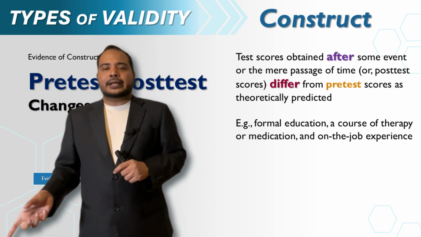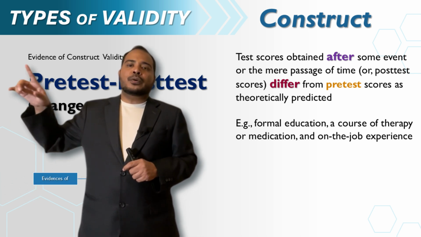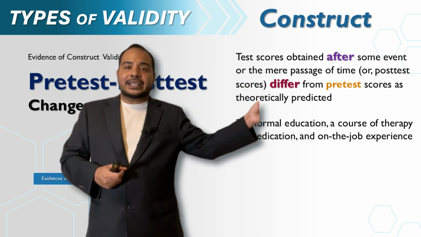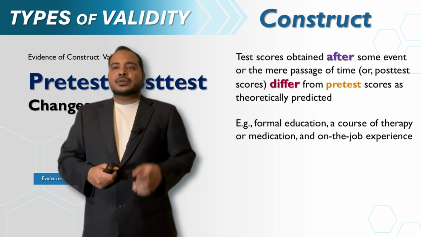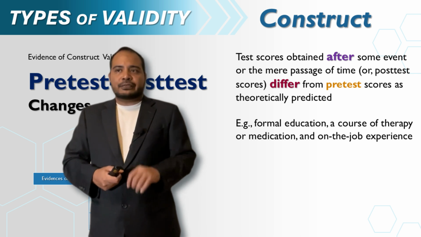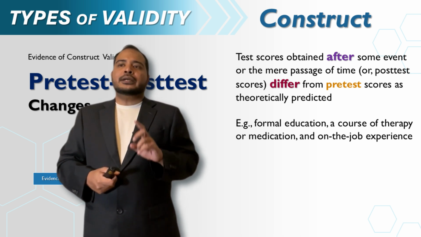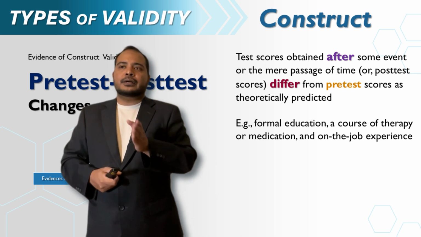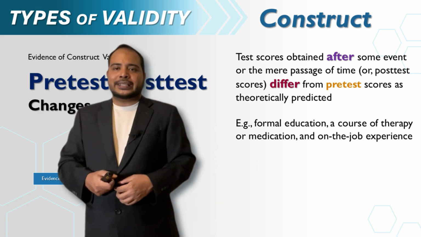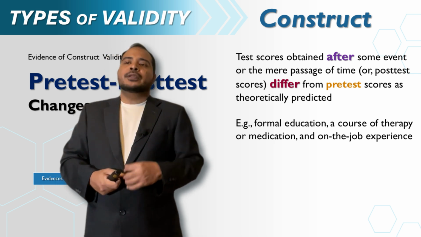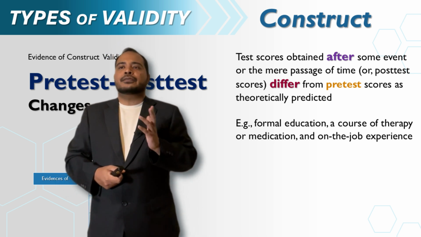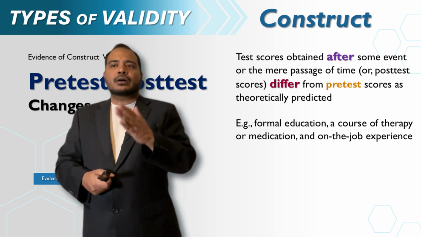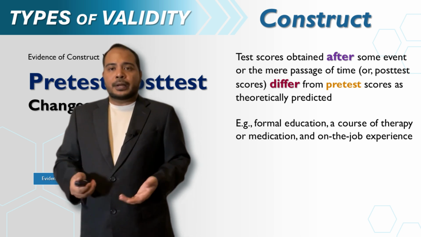By comparing the test score of the post-test, after the event, and comparing it to the pre-event test, the pre-test. So the test score obtained after some event or the mere passage of time, the post-test in this case, differs from the pre-test score as theoretically predicted. Examples of events in this case could be formal education, a course or therapy or medication or job experience.